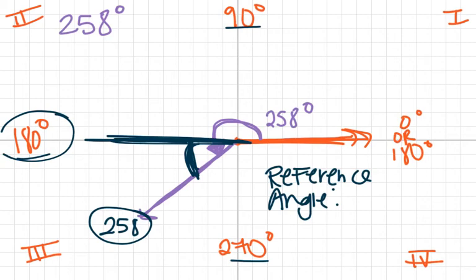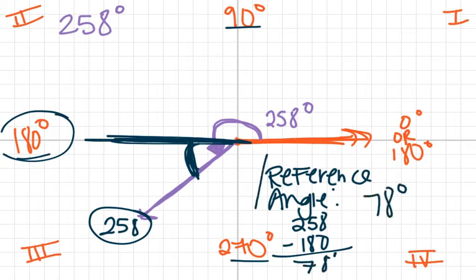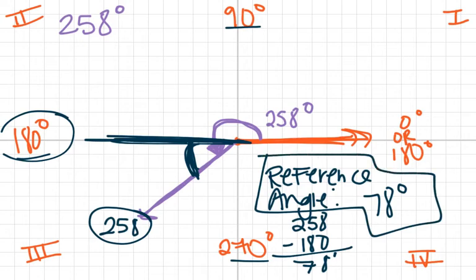So let's subtract 258 minus 180. And we end up with 78. So our reference angle is 78 degrees. Let's make sure we just get that. Our reference angle here is 78 degrees. And what quadrant does that fall in? It falls in quadrant 3.